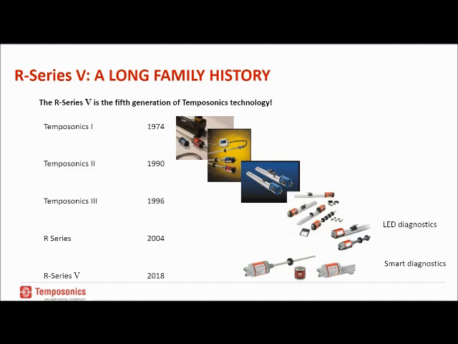Our most recent offering is the R-Series 5, or what we refer to as the Gen 5 sensors, produced in 2018. Those sensors also had LEDs, but these were the first ones we offered that had IoT or Industry 4.0 related data being transmitted from the sensor as well.